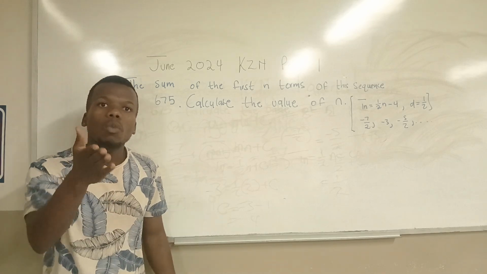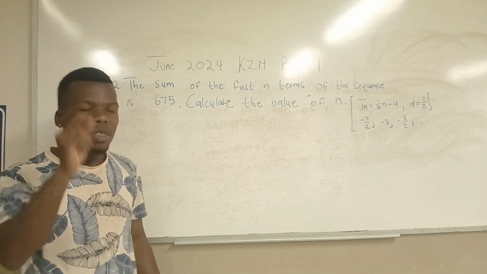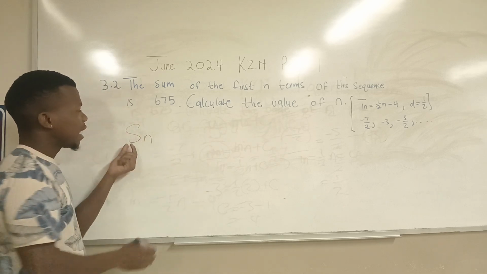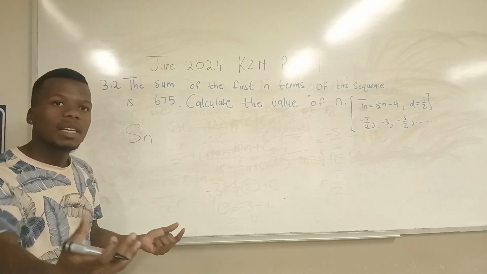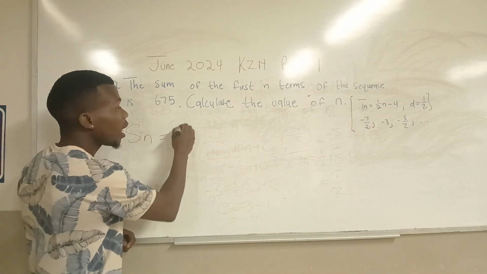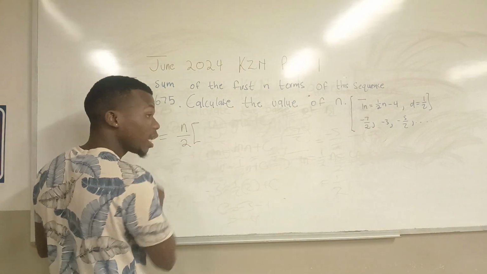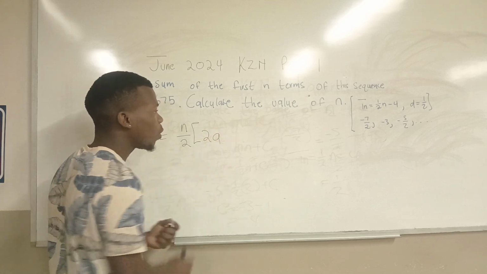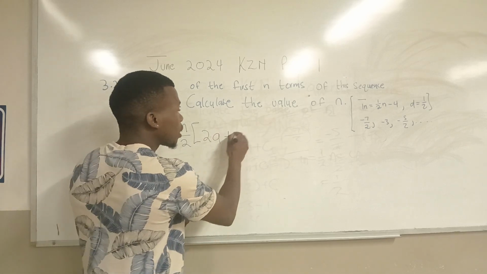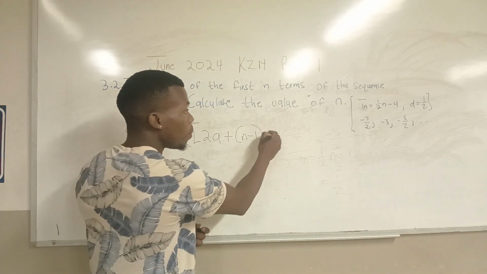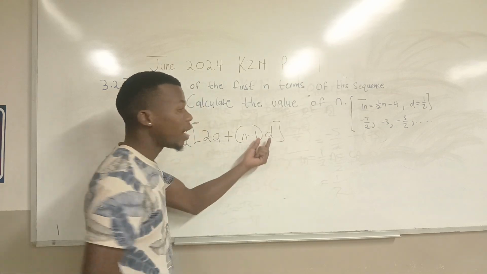Now let's remember the formula for the sum of an arithmetic sequence: Sn, the sum of the first n terms, equals n divided by 2, open bracket, 2 multiplied by a, plus open bracket, n minus 1, close bracket, multiplied by the difference.